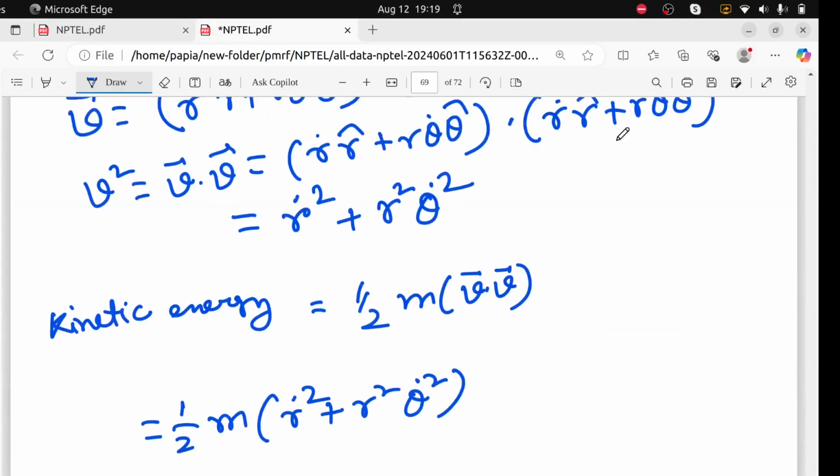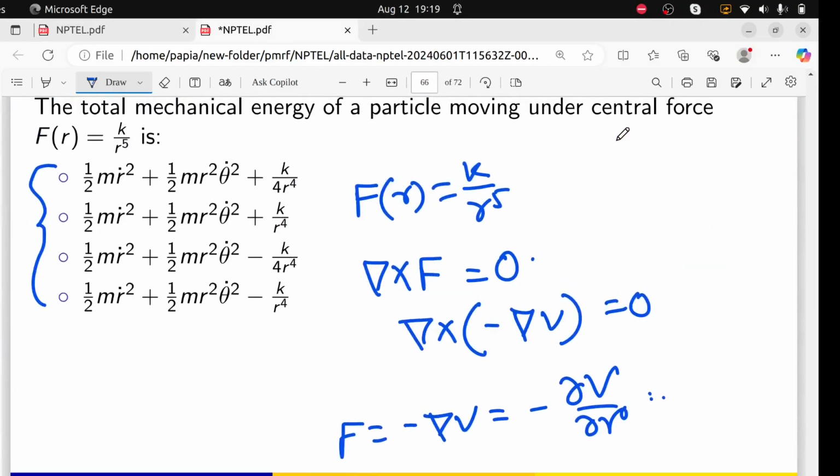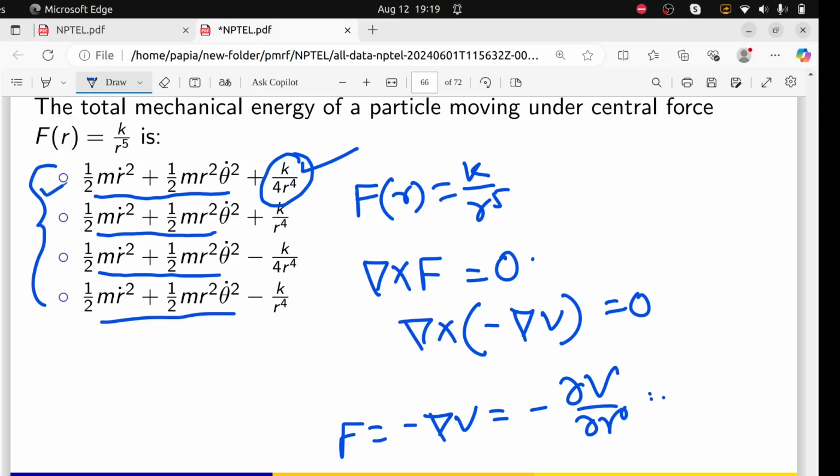Now you can see the options. Okay, as I told, it will be very simple to calculate by seeing the options. You can see for the first one, half m r dot square plus half m r square theta dot square, these are exactly the same for all the options. The only difference is in the V portion, and I have the answer as this one. So this one is the correct answer, k by 4 r to the power 4.